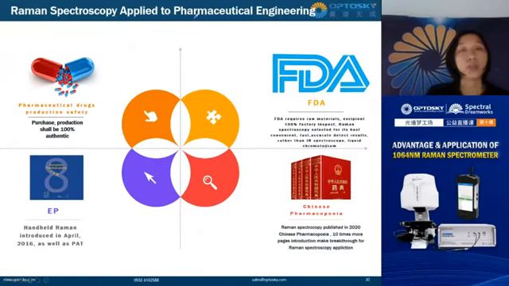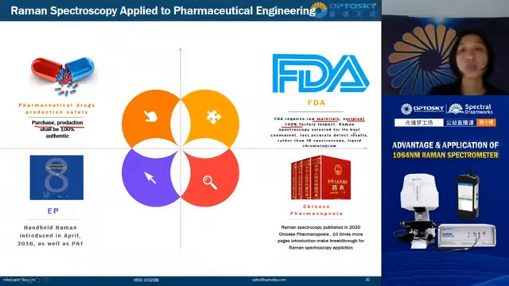And the Raman spectrometer has been used in pharmaceuticals. We know that for pharmaceutical drug production safety, the purchase and production should be 100% authentic, and the FDA requires raw materials and excipients to be 100% inspected.